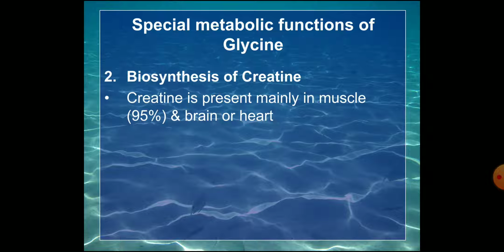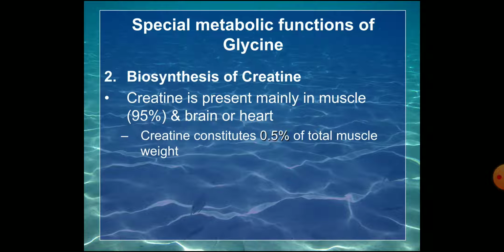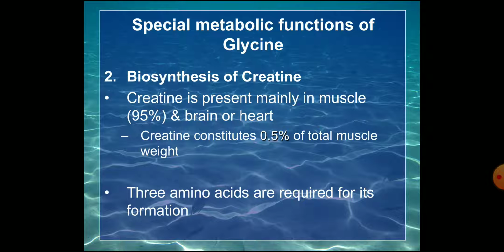Creatine is present mainly in the muscle, that is 95%, and the rest is present in the brain or heart. Creatine constitutes about 0.5% of the total muscle weight. There are 3 amino acids required for the formation of creatine: arginine, glycine and methionine.